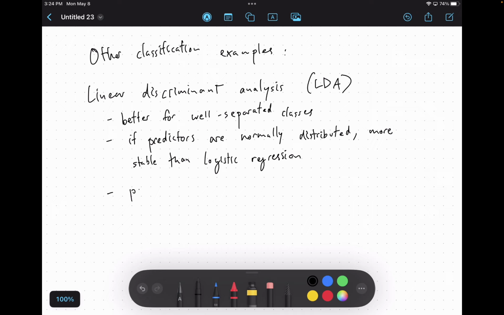And generally this is more popular when you have more than 2 response classes.